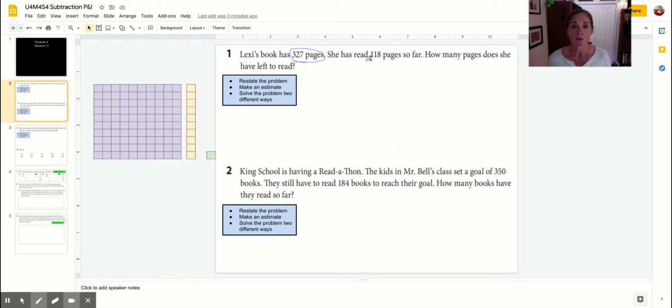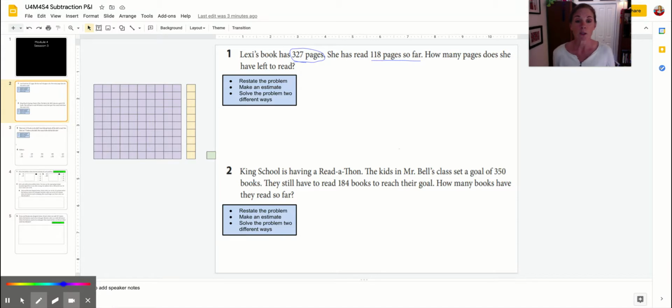And then she has read 118 pages so far, and we wonder how many pages she has left. There are a couple of different ways that you could solve this problem. Solve the problem first, hit pause and give it a try.